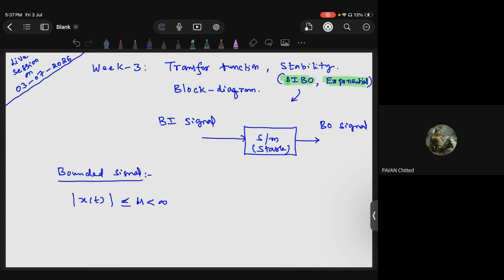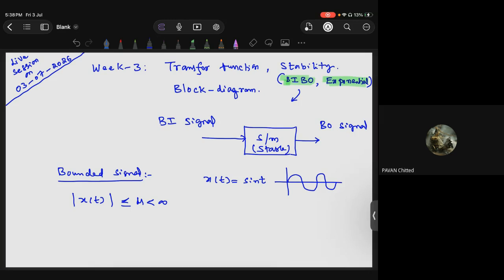For example, if you consider x of t equal to sine t, it looks like this. Basically, a bounded input signal is a signal whose magnitude remains finite over all times.